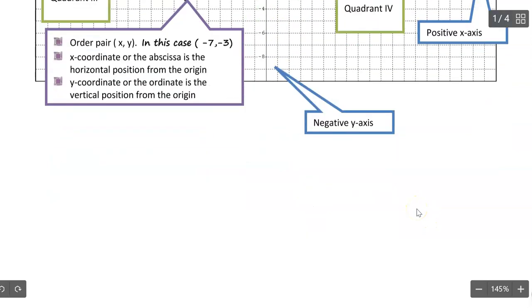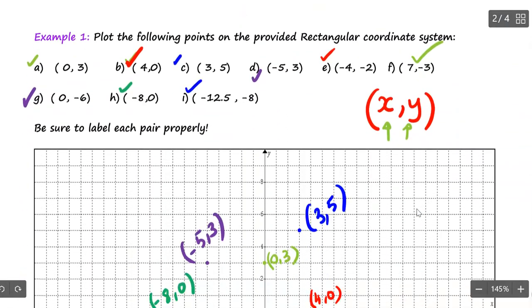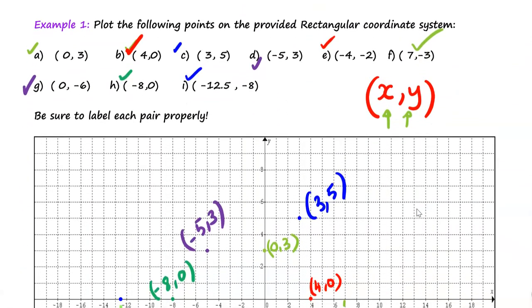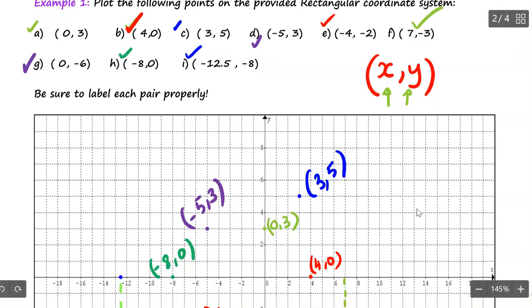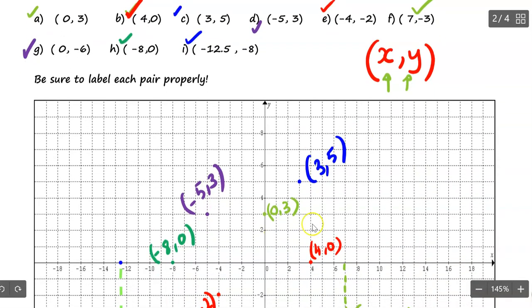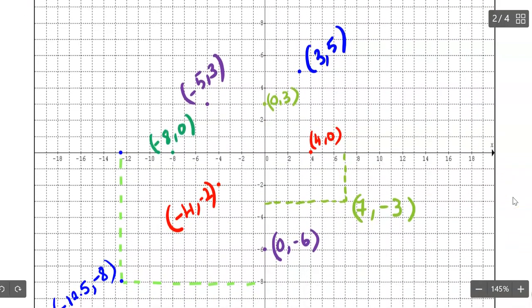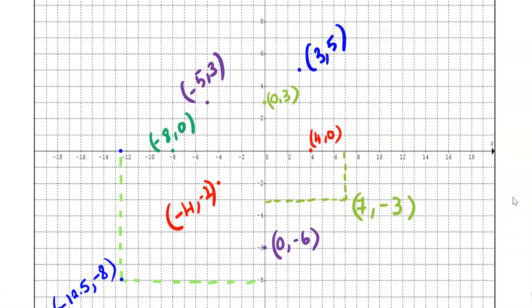Alright, so those are the basic terminology of the Cartesian plane, or the rectangular coordinate system, and we also plot all of these points on this Cartesian plane in detail, showing everyone how it actually works.